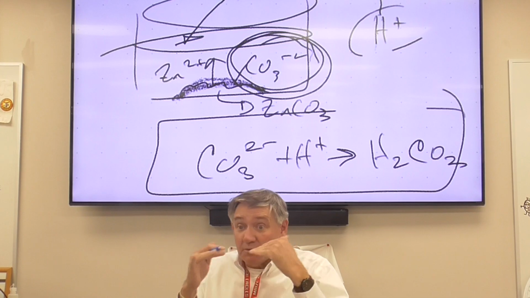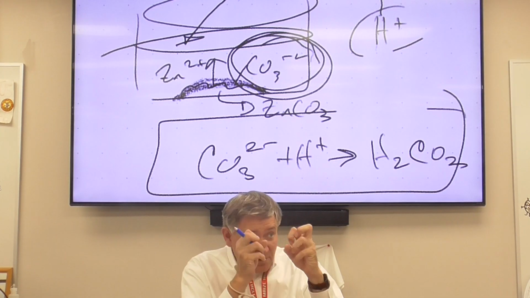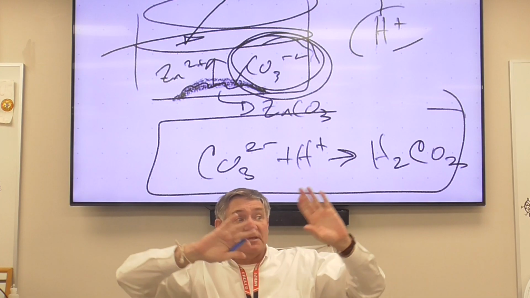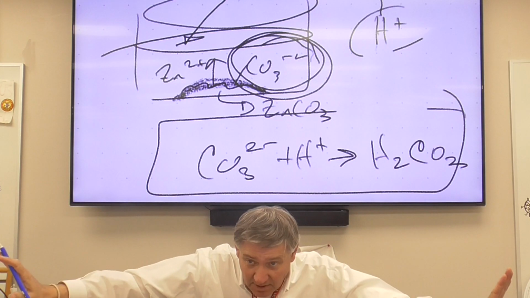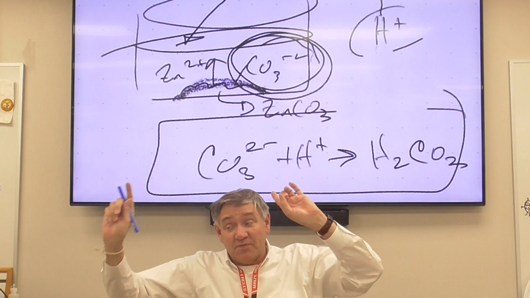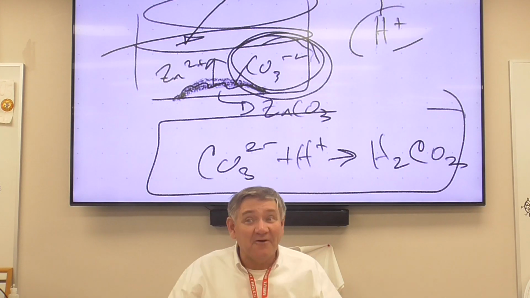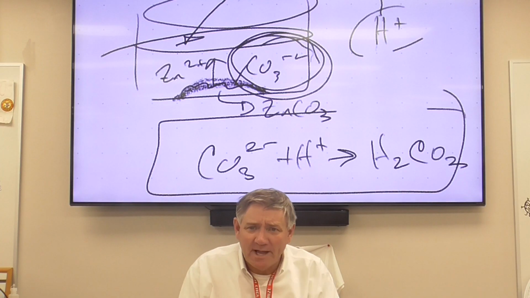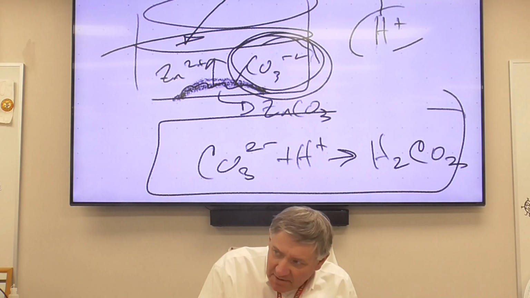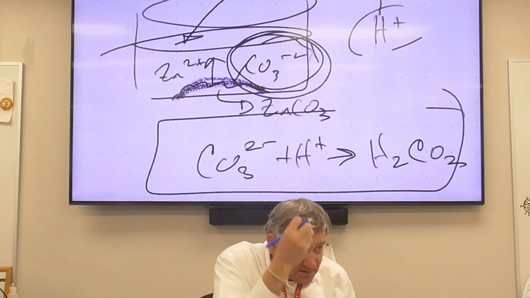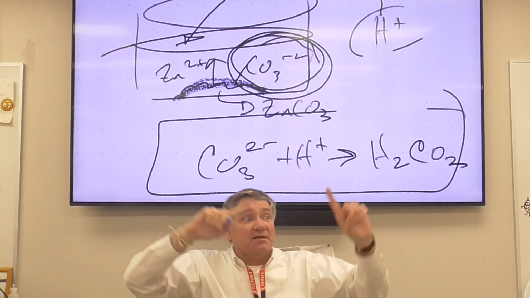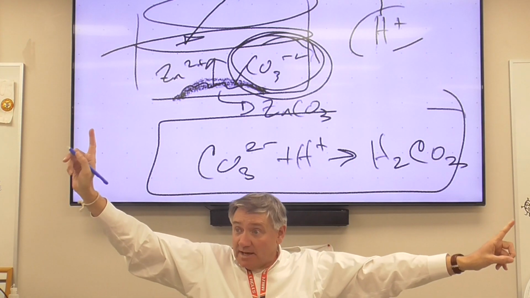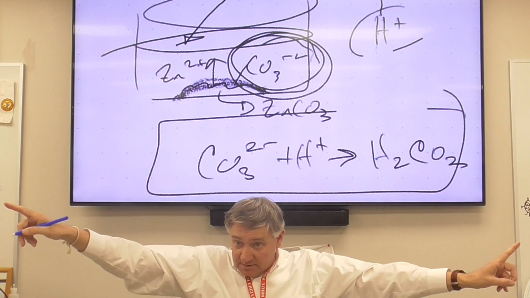It's still there. It's going to go from clumpy zinc carbonate into ions of zinc and carbonate. Don't think the carbonate just disappears. No. It's still there. It just goes from being zinc carbonate as a precipitate into zinc ions and carbonate ions.